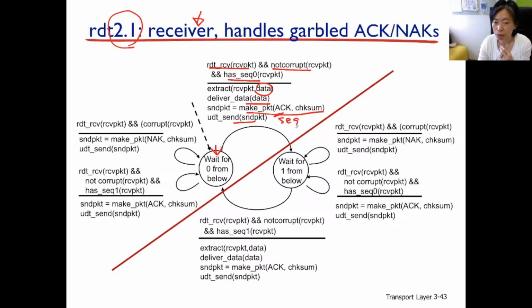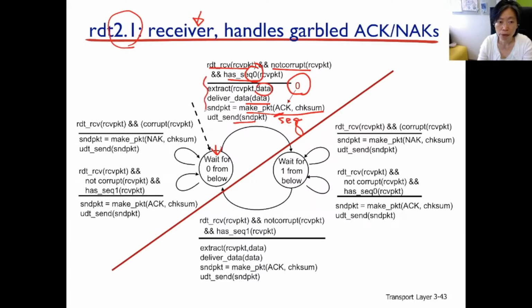Now, in 2.2 we generate an ACK packet, but this ACK packet should be carrying a sequence number, shouldn't it? And according to 2.2, the sequence number should be that of the last data packet received okay. What is the sequence number of the data packet received okay? Well, we just received 0. So yes, you're correct. The ACK packet we're generating here for RDT 2.2 should carry sequence number 0.